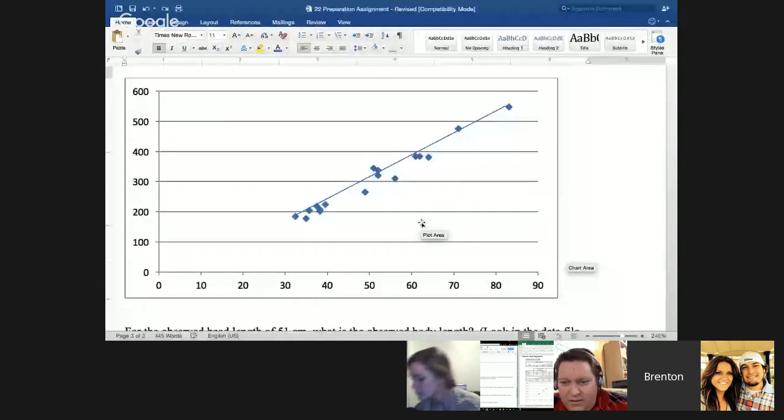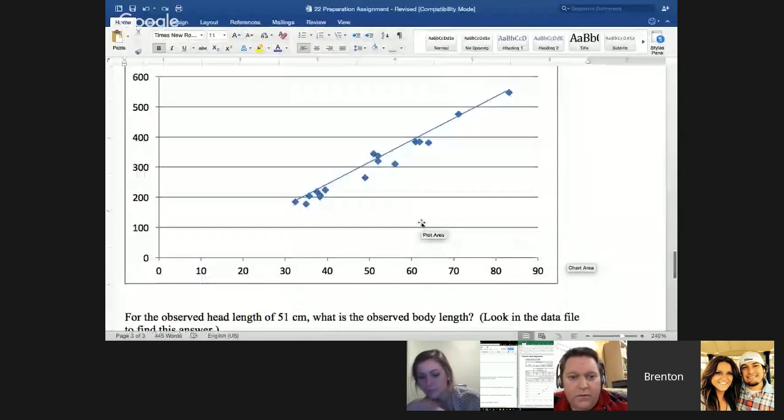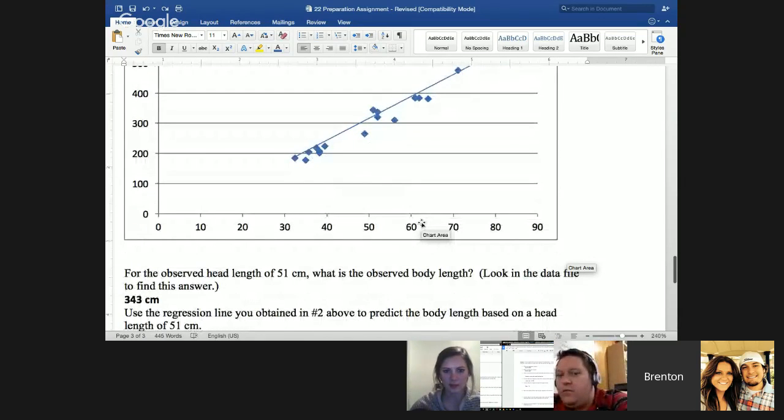So you just drew the line in. I wonder if there is a way to add that. I really don't know. I'll have to research that later, a way to add the line to the scatter plot automatically.